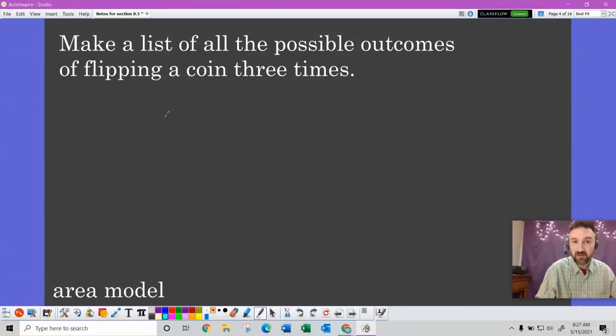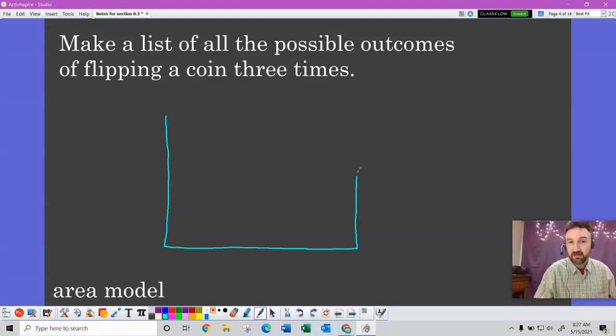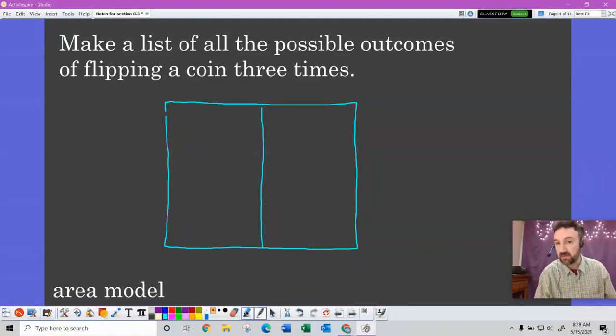So with an area model, all I'm going to do is create an area. And then I want to use that area to list out all of the different possible outcomes. So the first thing I'm going to do is split that area up into 2 equal pieces, because I know that there's 2 different possible outcomes for the first flip: heads or tails.